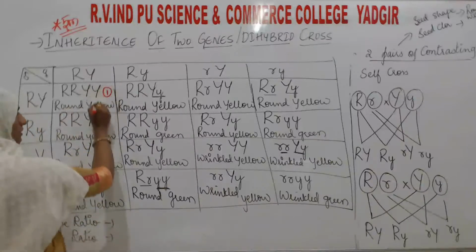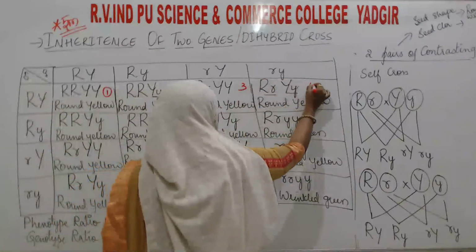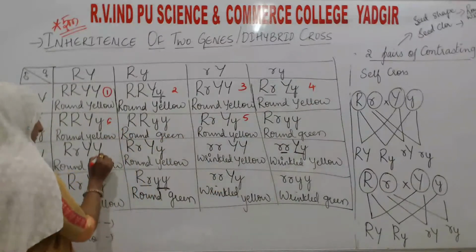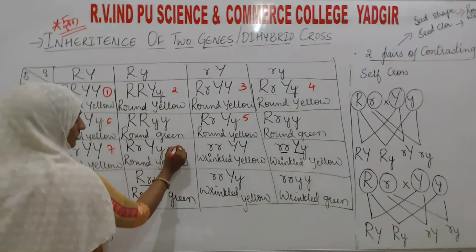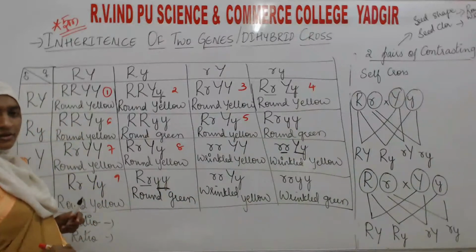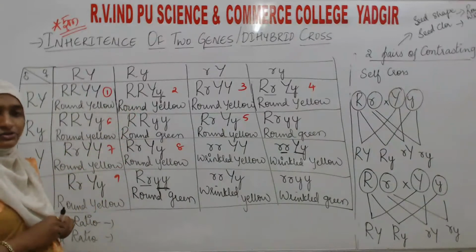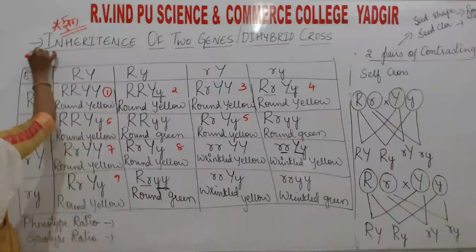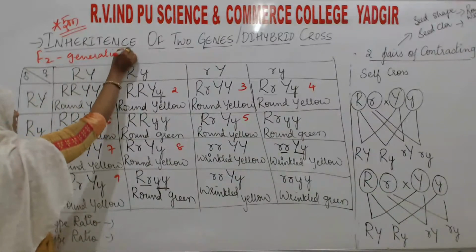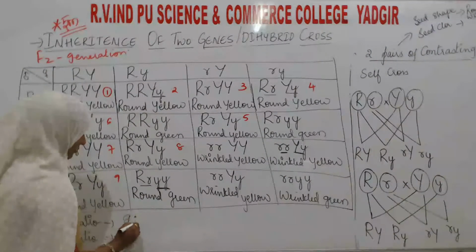Round yellow 1, round yellow 2, round yellow 3, round yellow 4, round yellow 5, round yellow 6, round yellow 7, round yellow 8, then round yellow 9. Okay, so 9 round yellow seeds are produced during the F2 generation. So we can write it as 9.